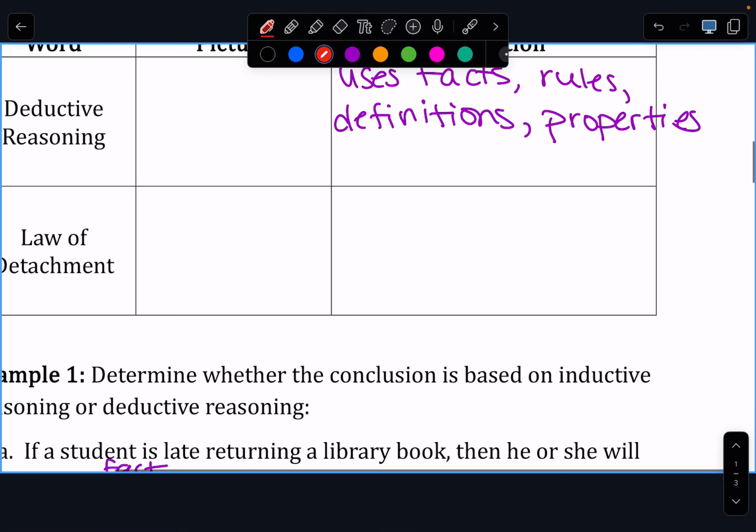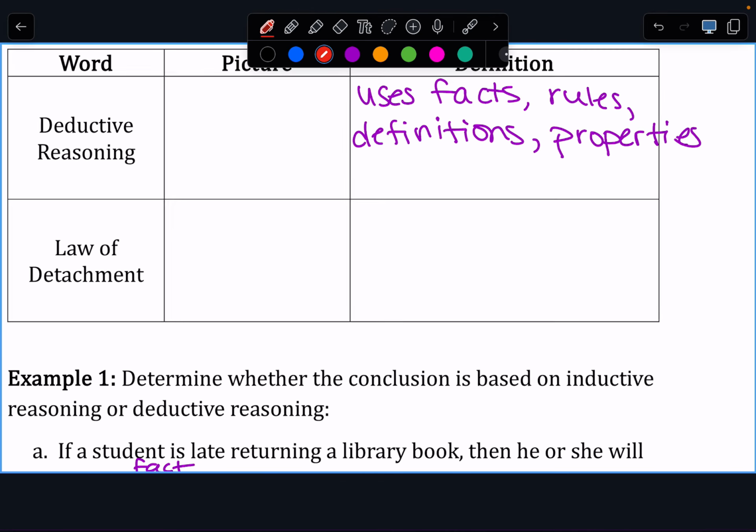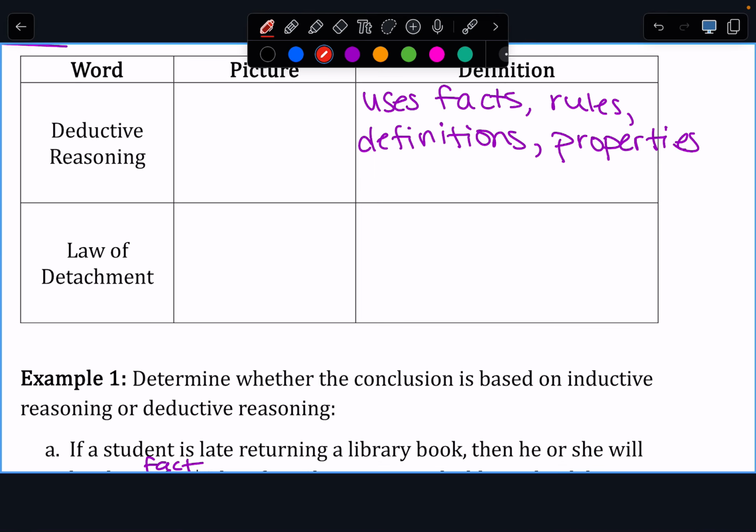Okay, let's talk about the law of detachment. This is kind of a multi-parter here. In the law of detachment, we have this general statement, if P, then Q. Then we have something specific.